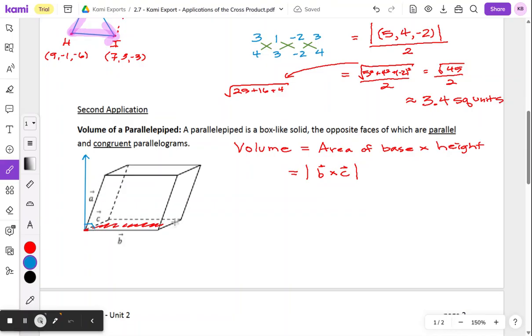So we've used the magnitude of the cross product to find the area of the base. Now we are going to use the actual cross product, okay? And we are going to project the third vector, vector A, onto that cross product. Okay, I know this is a bit of a mishmash of all the different things that we've done.